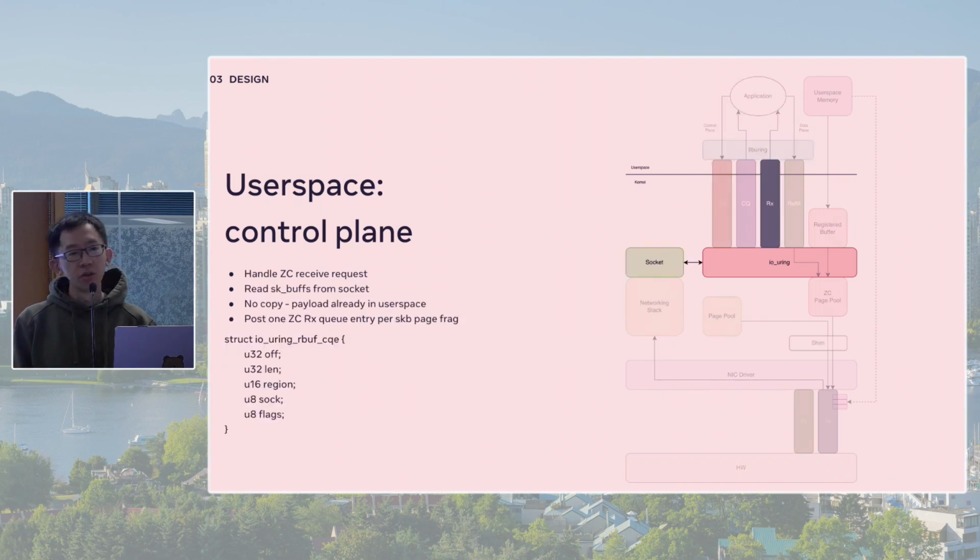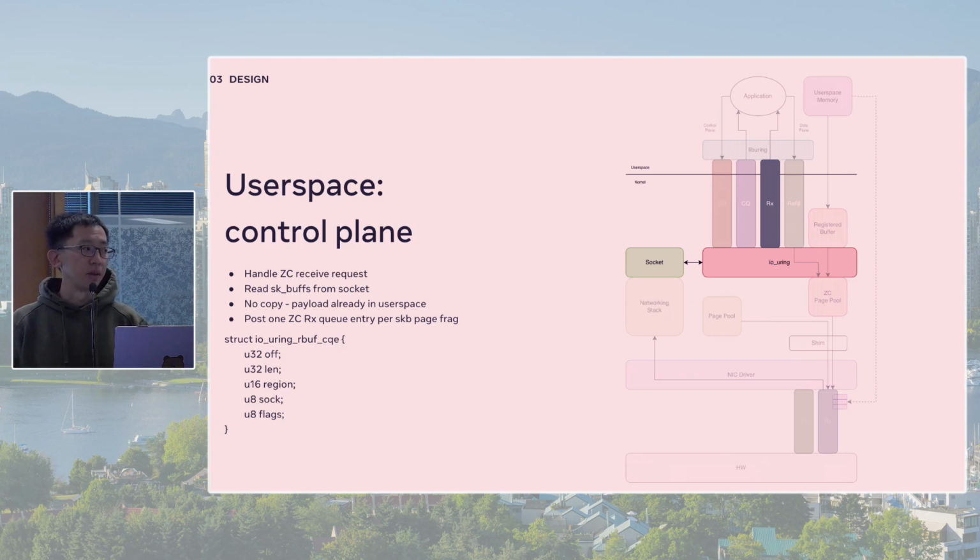What this request is going to do in the kernel is read from the socket. So the request is going to read the socket for SKBs, and these SKBs are marked as zero copy.